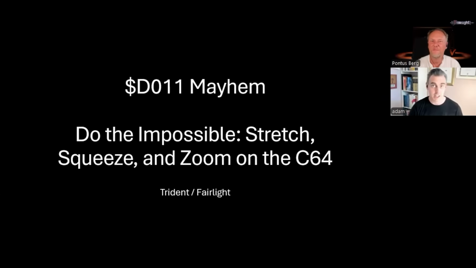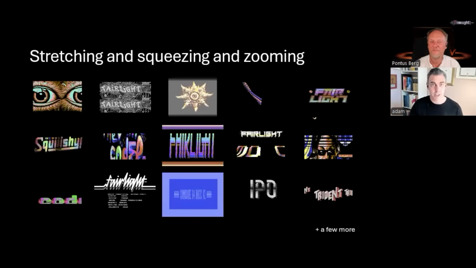This is something that was not intended to be done by the hardware designers, never been part of any spec, and it's really about finding clever ways of doing that despite this. And we're going to look at things like what we're seeing on the screen here. These are demo effects from 2 years back up until recently. And we're pretty much going to go through all of these and talk about how they're done and what the techniques are, because there are basically four fundamental techniques that underpin all of these things.